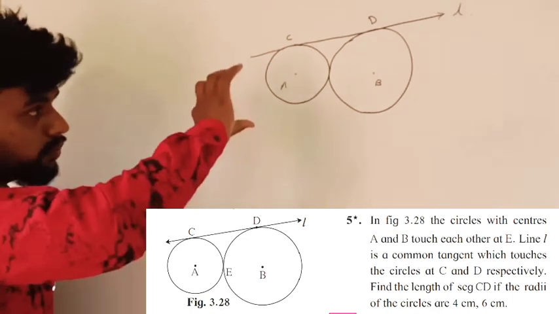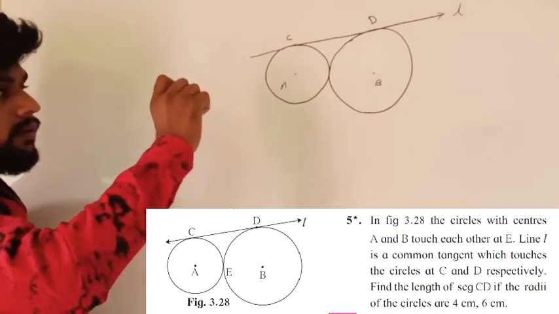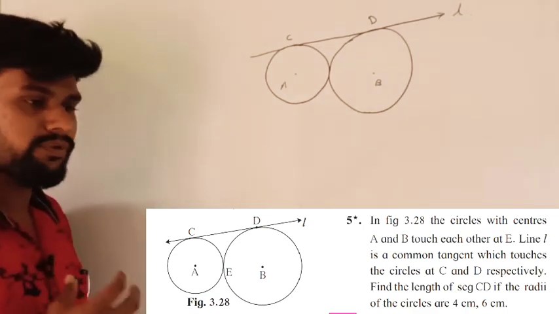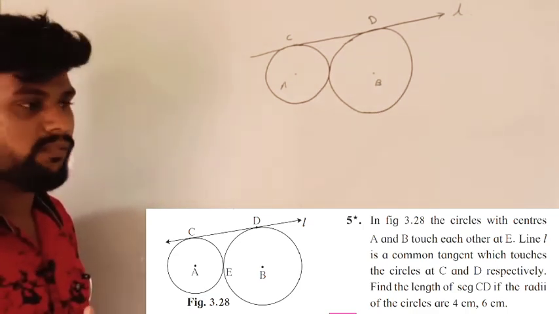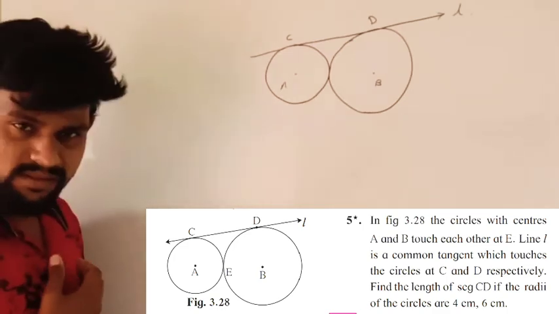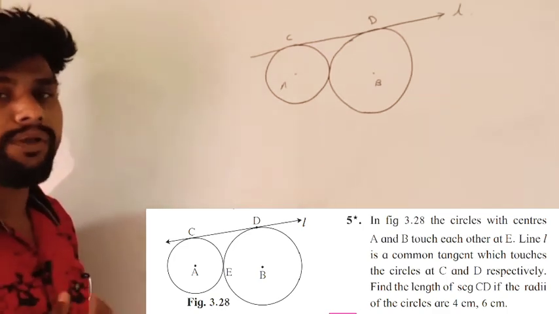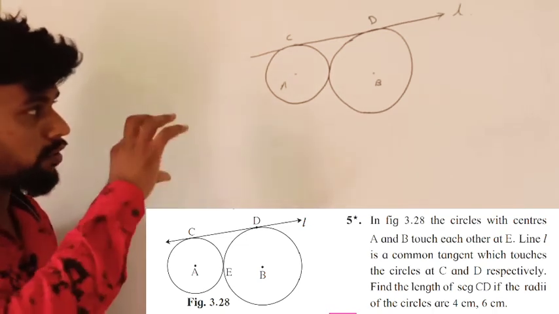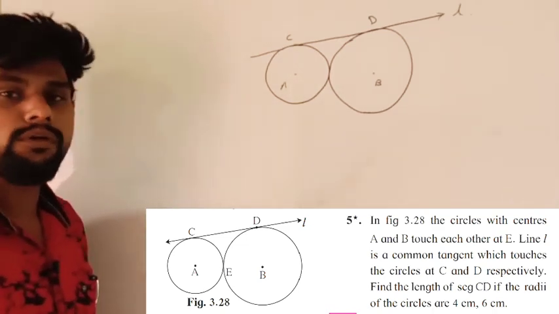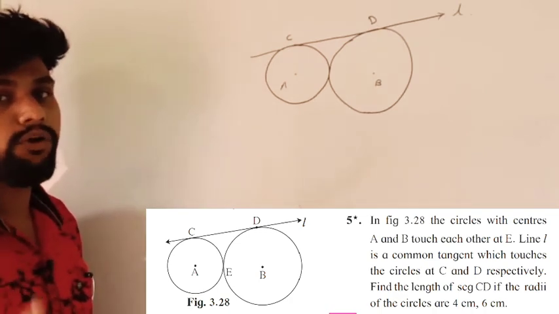Now how do we make the diagram talk with us? Without the diagram talking, we can't find the answer. Always try to make the diagram talk with us. If the diagram is not talking with you, then draw some construction in it, and if you draw a construction, the diagram will definitely talk with you.